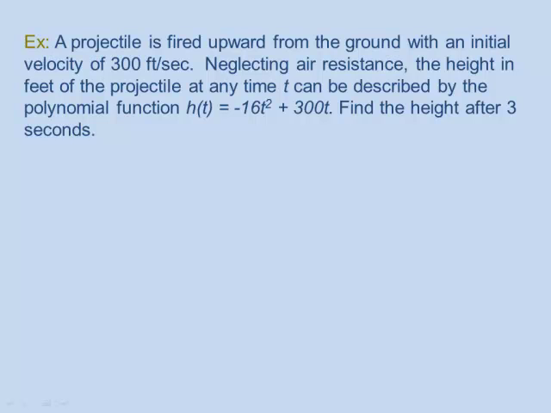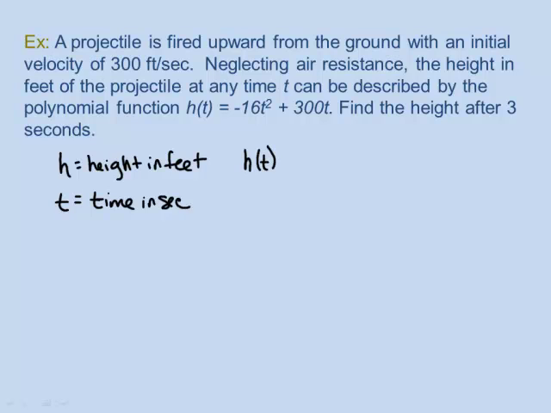All right, so what they tell you here is that h represents the height of the projectile in feet, and t represents the time after the projectile is shot into the air in seconds. And they give you the equation h is a function of t equals negative 16t squared plus 300t.